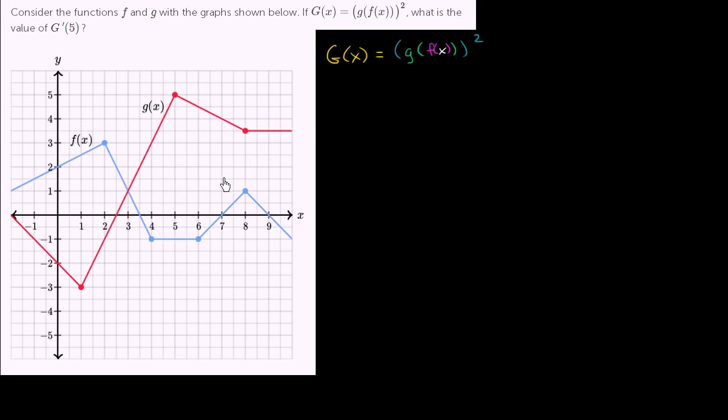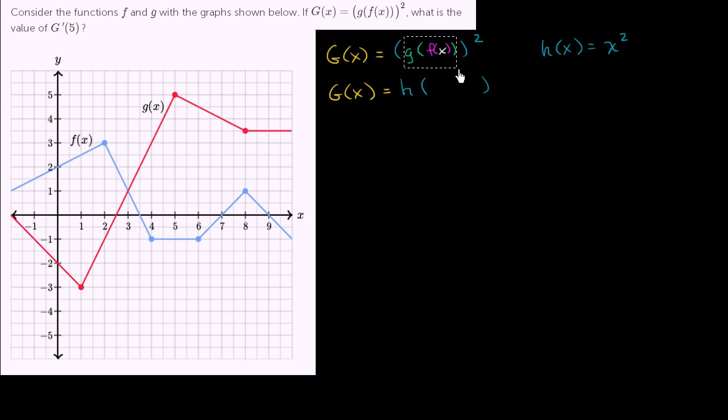Or another way to write it, if h of x were equal to x squared, we could write capital G of x is equal to h of g of f of x.